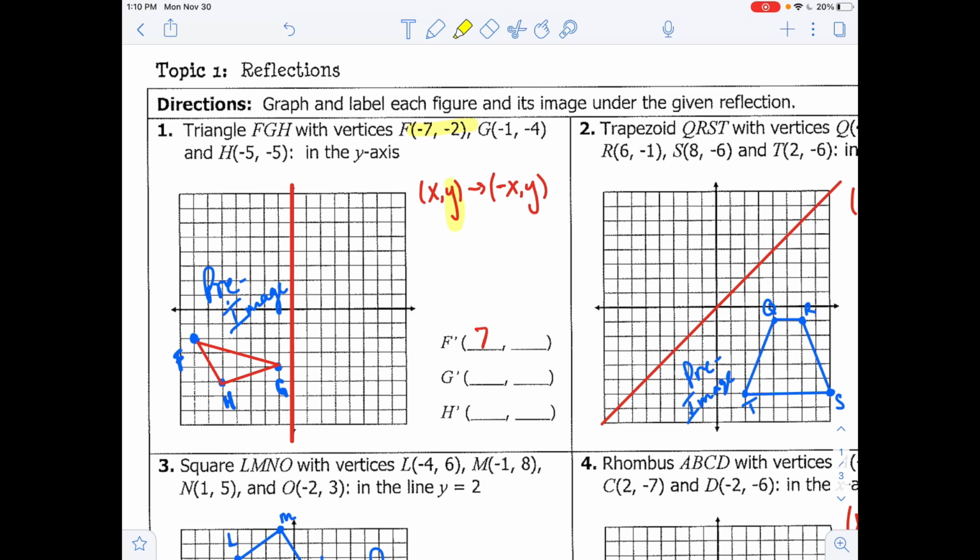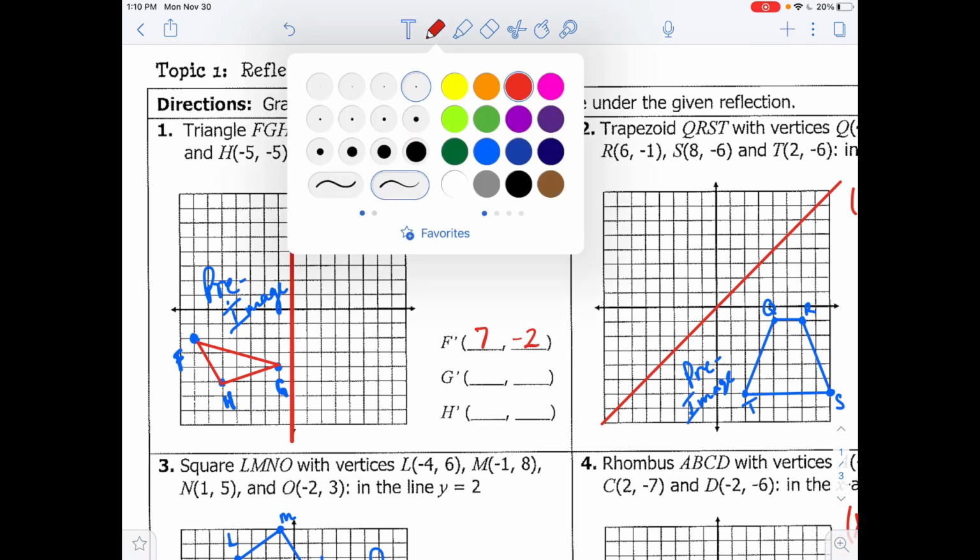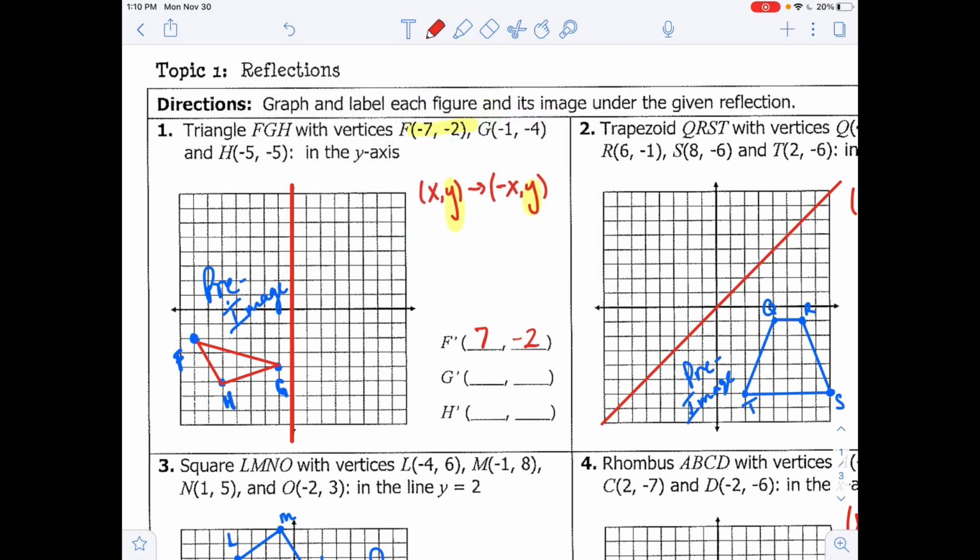And then, like we said earlier, the y, we just copy that down. So (-7, -2) goes to (7, -2). And then (-1, -4), again negative x, so the opposite of -1 is +1, and y is -4.